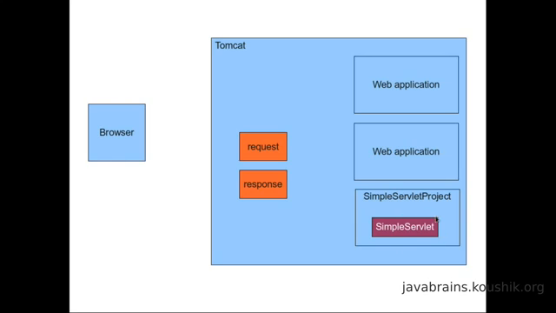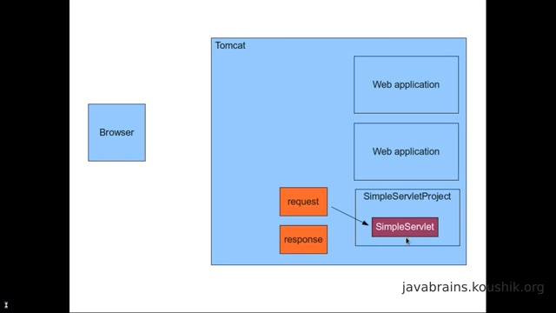In order to execute this, it passes these two objects to the simple servlet. The simple servlet takes the request object and gets the input parameters. In our example, it's a simple servlet. It doesn't do much, so it doesn't really look at the request object, but it's there if you want. When you're writing the servlet code, you can pick up this request object and examine the contents to see more details about the request itself.